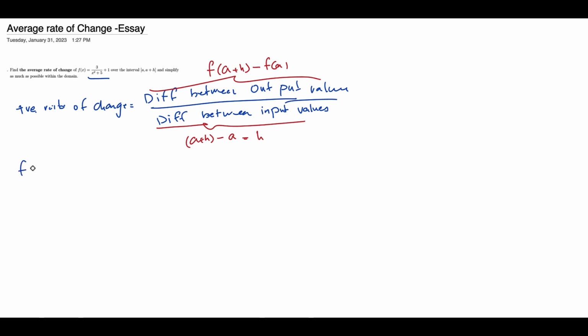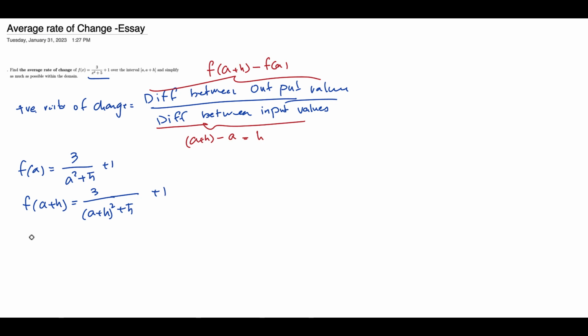So f of a, I replace x by a, and you get 3 over a squared plus 5 plus 1. Then you write f of a plus h, and that's 3 over (a plus h) to the power 2 plus 5, plus 1.